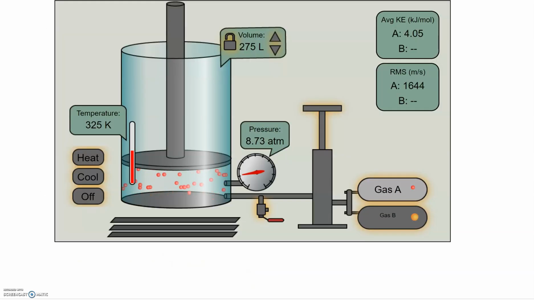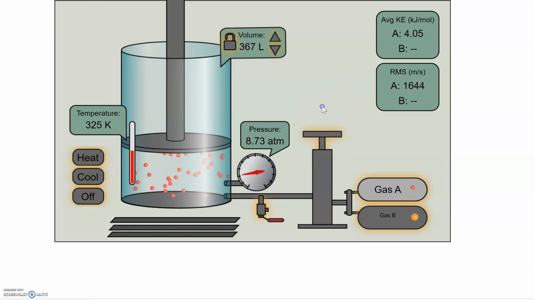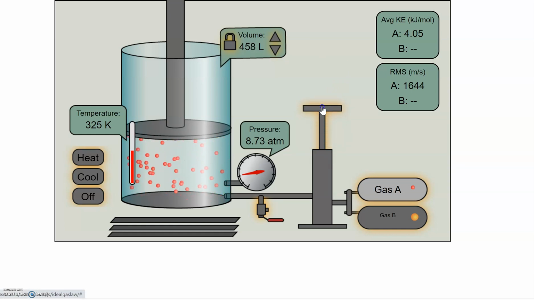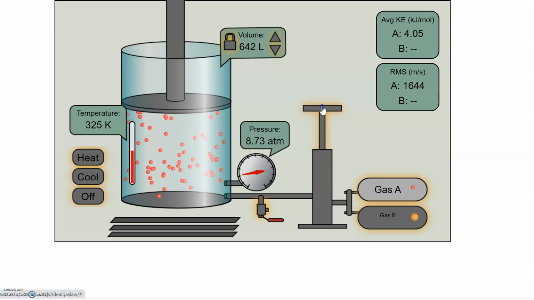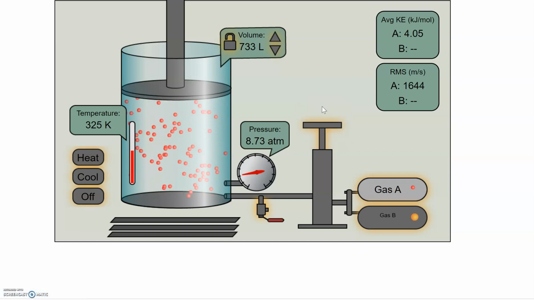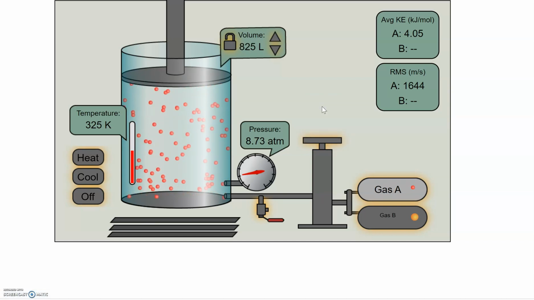We see that here. And this is a simulation that we've been using for quite a while. Notice that the volume is at 2.75 liters. And I have it set so that the volume is not locked. And look what happens when we add another chunk of gas. Every time we add gas to this, the volume goes up, and it seems to go up proportionately by about the same amount every time, about 90 liters.